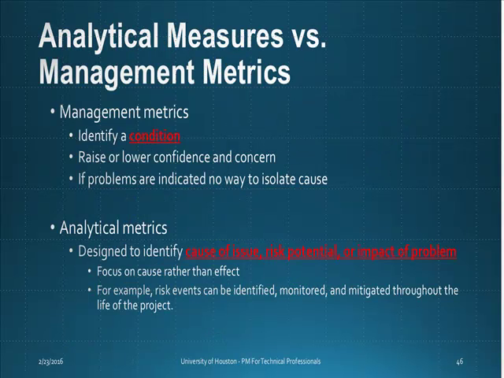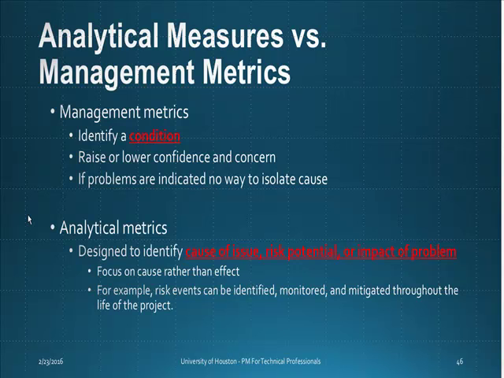So the next one, analytical measures versus management metrics. Remember what we talked about, probably in the first half of these lecture recordings. We talked about how some of the metrics help you to assess where you are, how much progress you are making, have early identification of problems, and help you find solutions to future problems and deal with those issues.